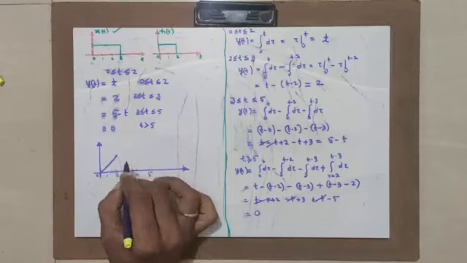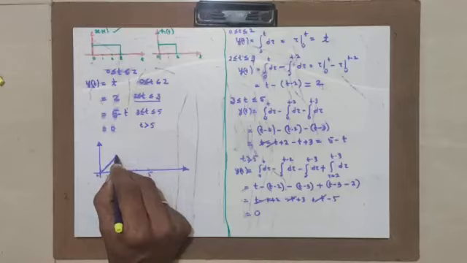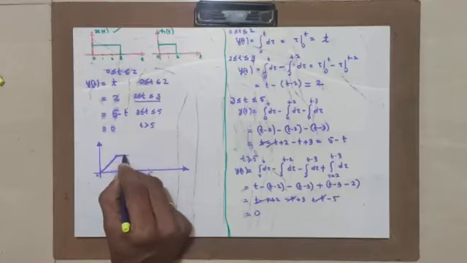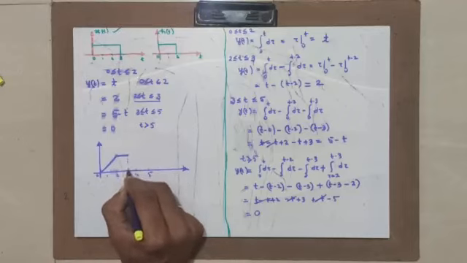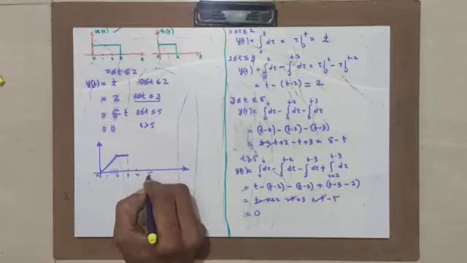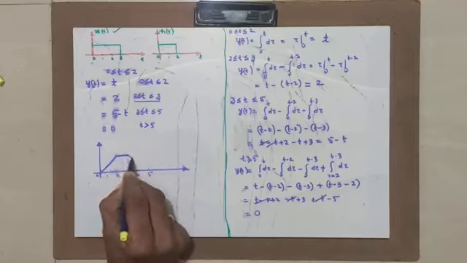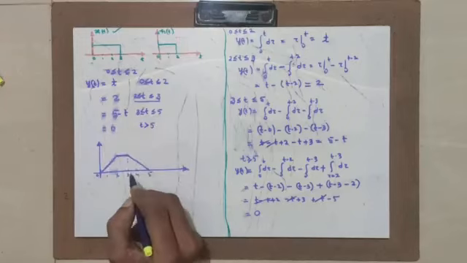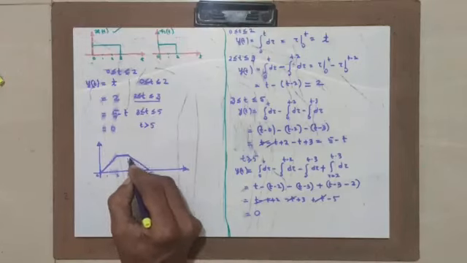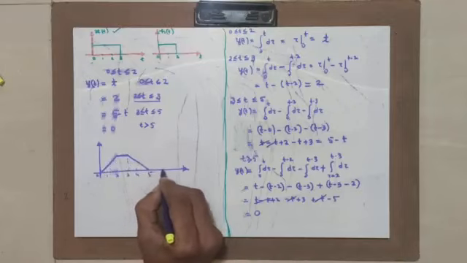From 2 to 3, it is constant 2. From 3 to 5 it is a negative going ramp. It passes through 5, hence it is 5 minus t. Here it is a positive going ramp, then a negative going ramp. And from 5 onwards, it's 0.